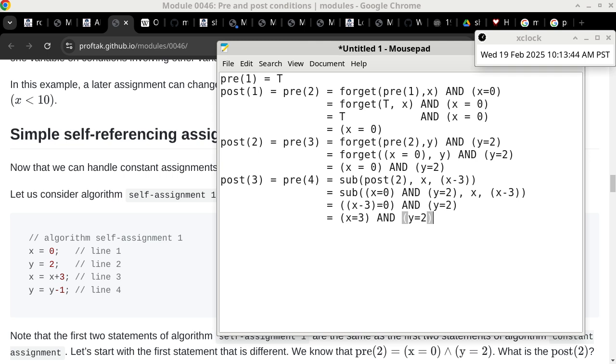Okay? So this is a really interesting twist to the whole thing because we're not forgetting anything. Instead of forgetting something, we use substitution. And the way we apply substitution is to look at the right-hand side of the statement as a function, and then we look for the inverse function to reverse the operation and say, whatever was true about x is still kind of true, but we have to reverse the new value of x back to what it was.